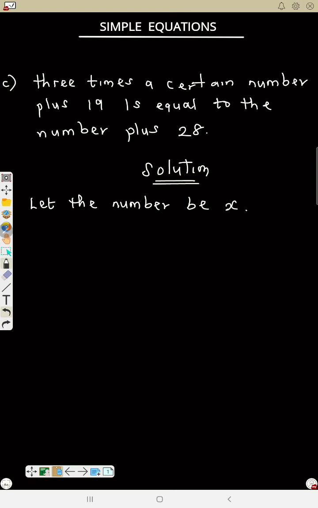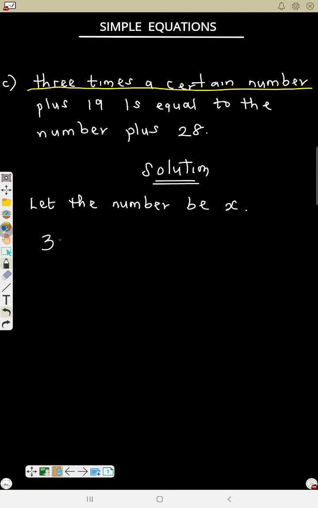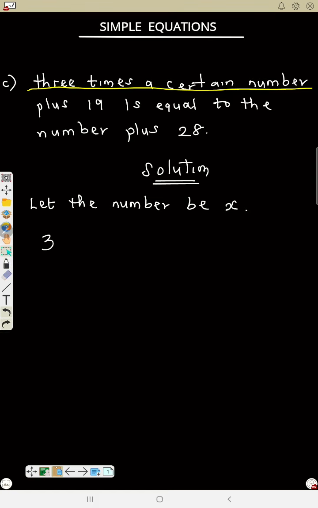Now 3 times a certain number will be 3x. I'm using x for the number. If you say let the number be y, you are saying 3y. If you say let the number be n, you are saying 3n. So the number can be any alphabet. It's not necessary to be x. So use any alphabet.